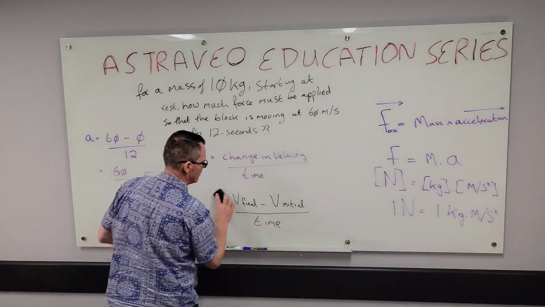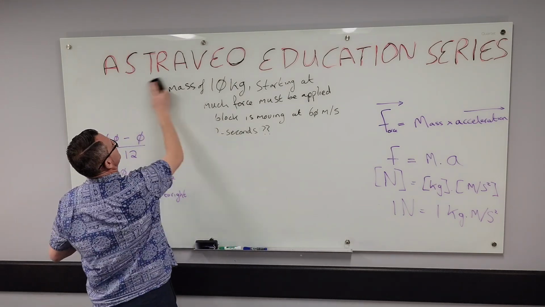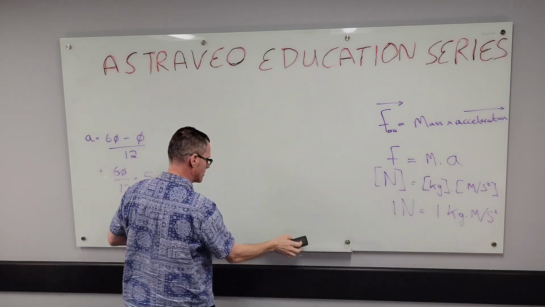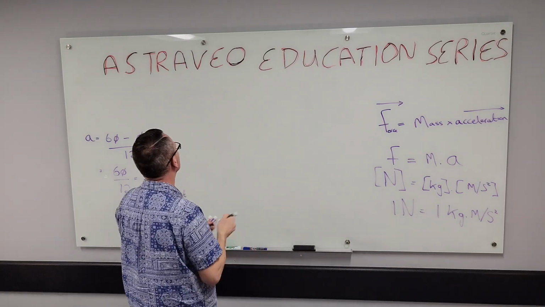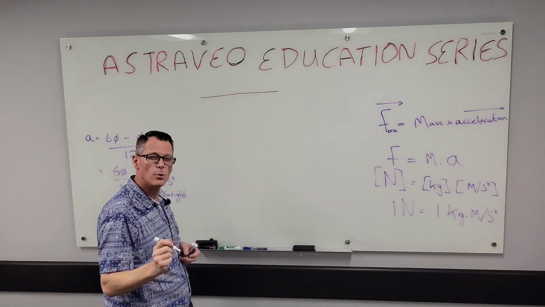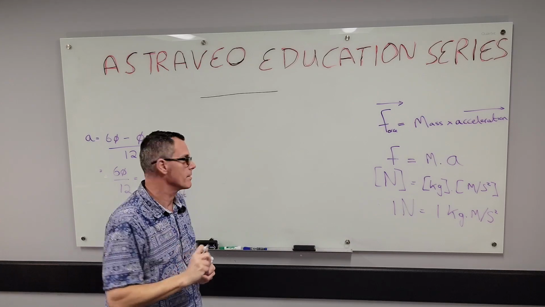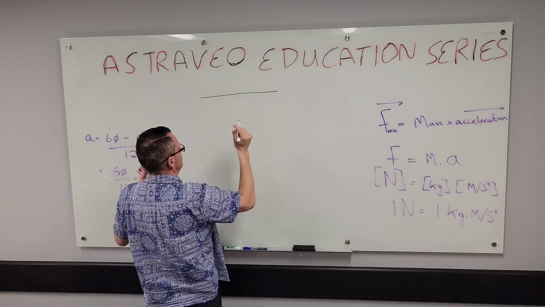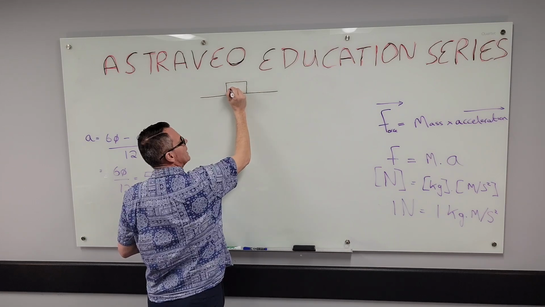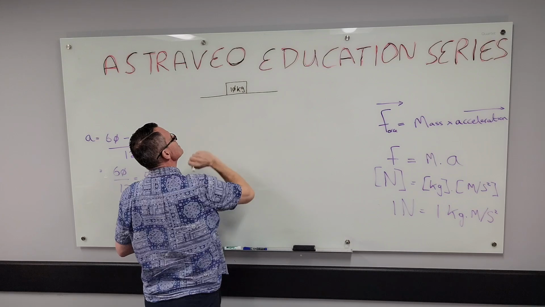So again, I'm going to make some space. I find, and this is just the way my mind works, that it really helps you understand the question to draw yourself a little diagram. We have some surface. It didn't tell us what surface it was. We have a block, an object, and it weighed 10 kilograms. There's the block.